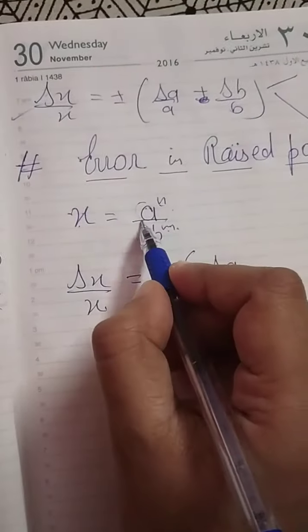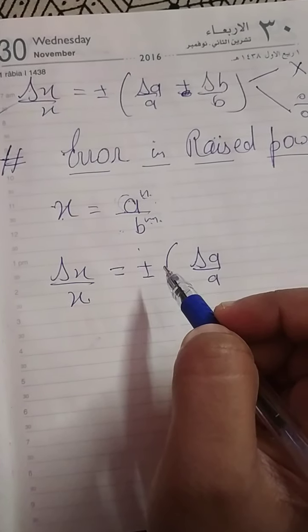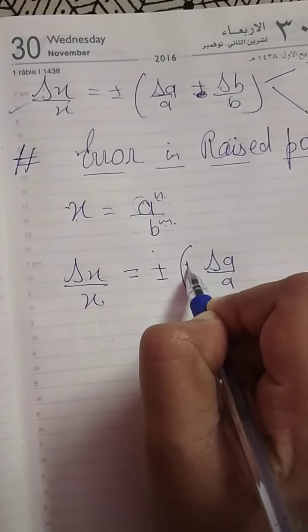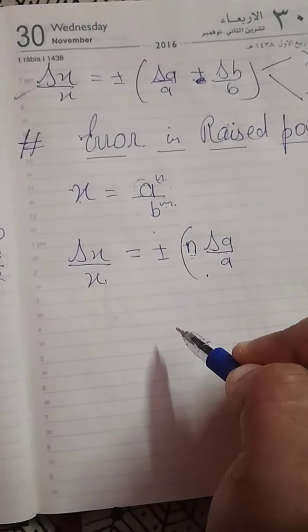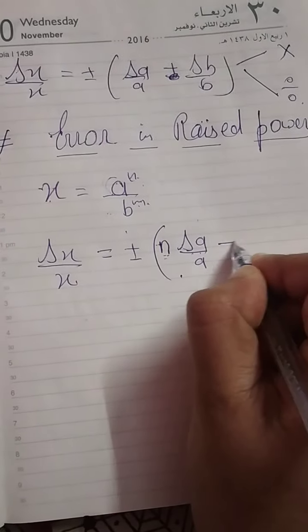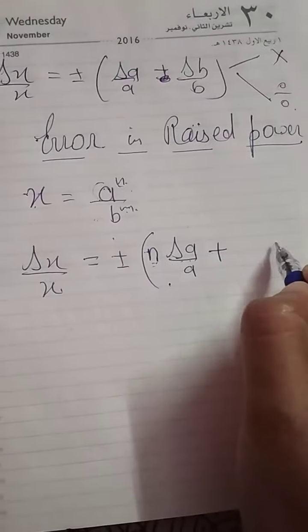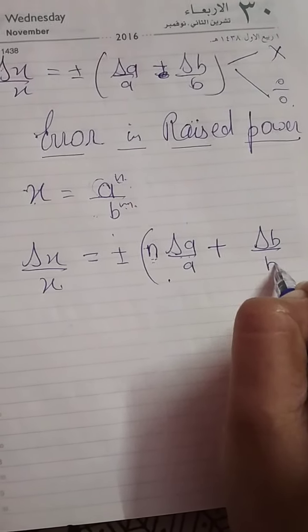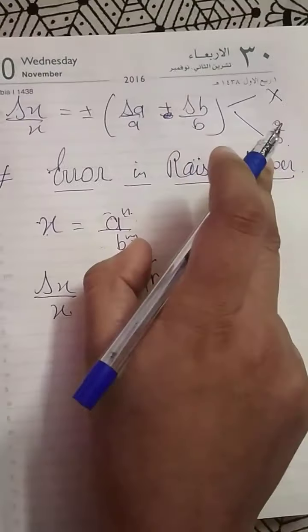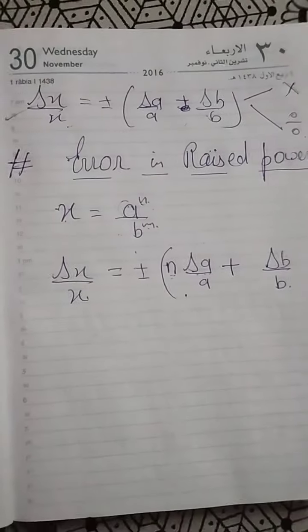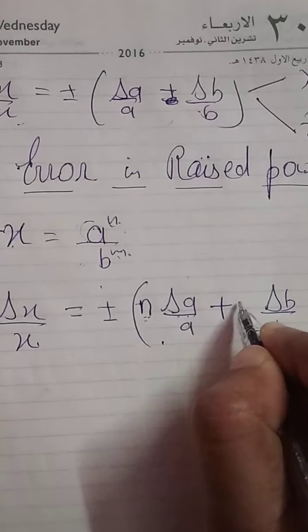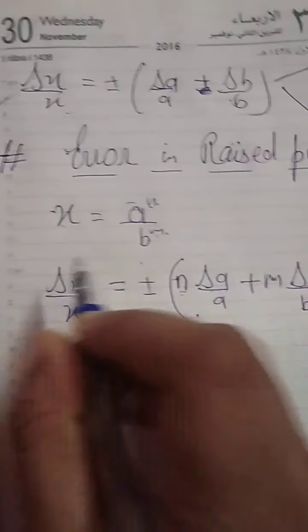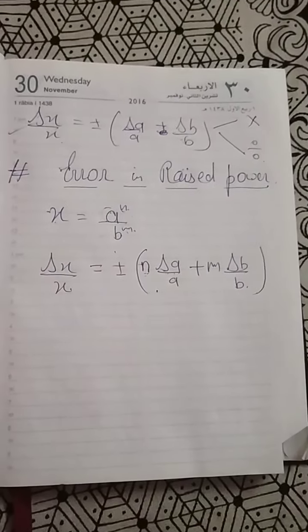Now since a has power n, you just multiply that power with this, n into delta a over a, plus, here is plus, delta b over b. Multiply and divide both have the same error formula. Now b has power m, so just multiply this by power m. This is the formula for error in raised power.